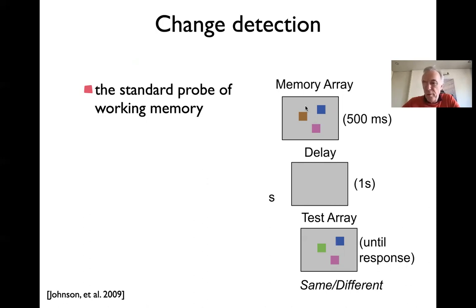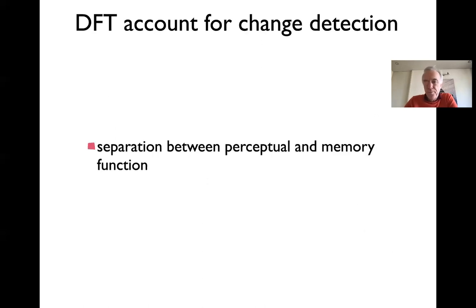Here, for instance, you could say it's different because this item doesn't match, but remember, you only see this, having previously seen that. There are versions where you have to actually point out which of these is different, and various other things. But let's say, as a first approximation, it's just saying same or different.